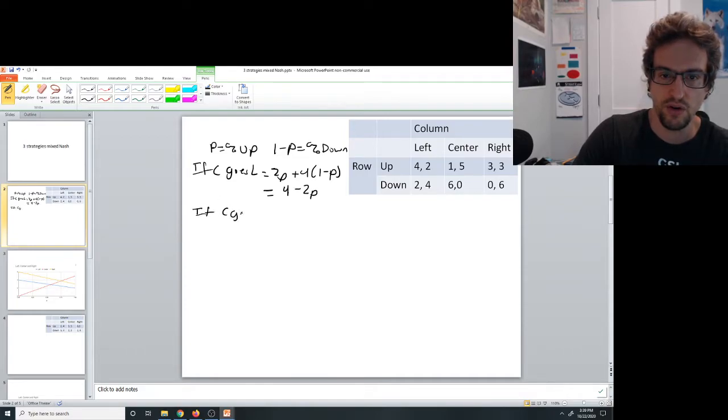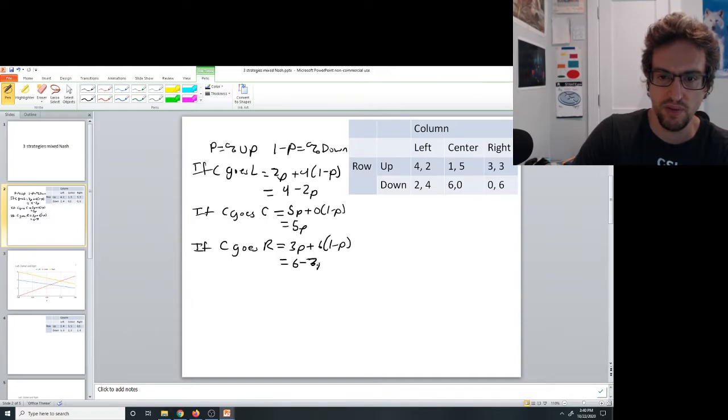If column goes center, it's 5P plus 0 times 1 minus P. If column goes right, it's 3P plus 6 times 1 minus P, which is 6 minus 3P.